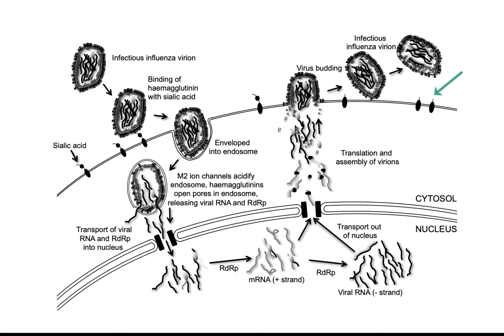Now you'll note on the right-hand side that the proteins no longer have the sialic acid because the virus actually clips those off so that the newly released particles don't stick to the same cell but are released and can stick to other cells with intact sialic acid residues.